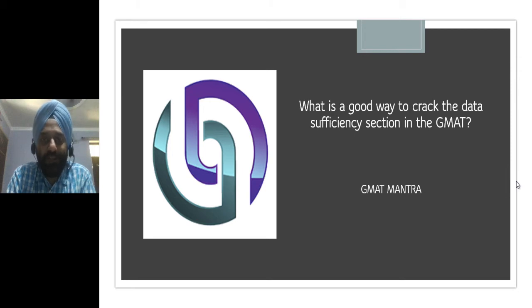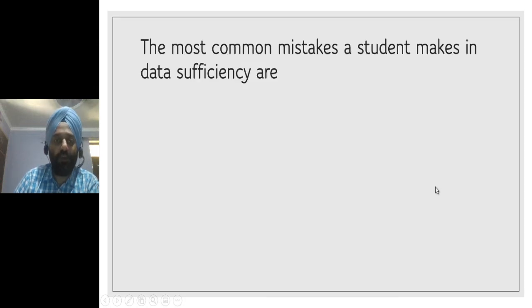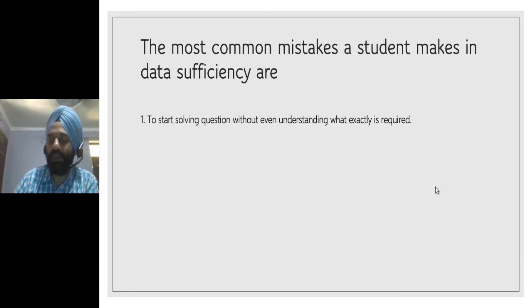So in this video we'll talk about why so many students commit so many silly mistakes. First, let's understand why we struggle with data sufficiency questions. We'll talk about the most common mistakes a student makes in data sufficiency questions.